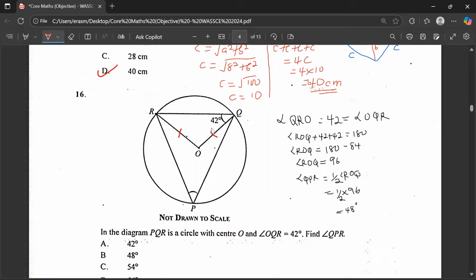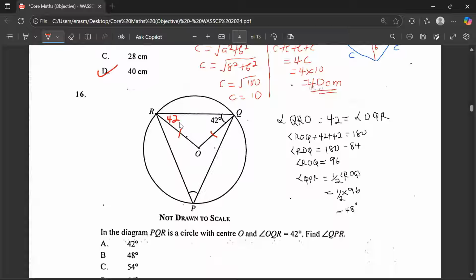That implies that the angle formed here is also equal to what? 42 degrees. As this triangle becomes what? An isosceles triangle. So this becomes 42. Now, the sum of interior angles of a triangle is 180 degrees.